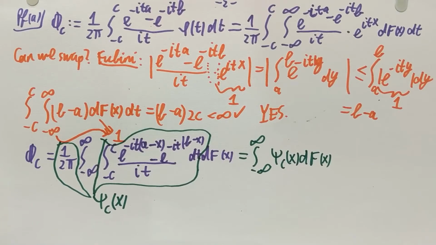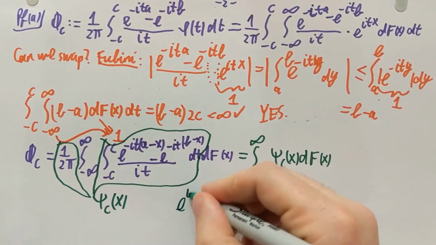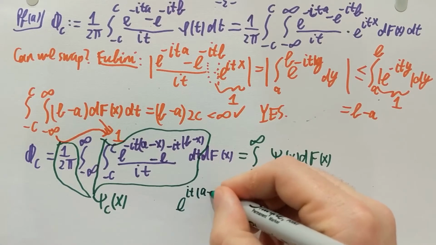So what is psi? Now, psi is an integral in t, so a minus x is a fixed constant, b minus x is another fixed constant, and I'm integrating this thing in t on a symmetric interval, and at this point it becomes important that we're looking at a symmetric interval. What is exponential of it and any constant here?